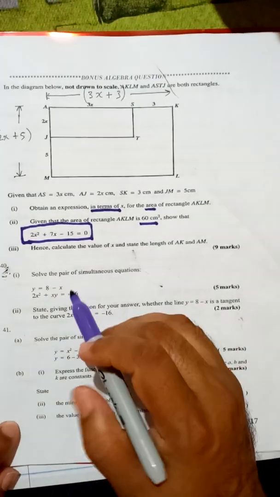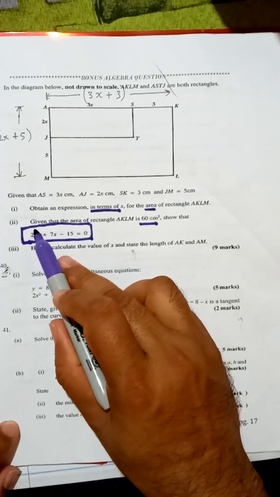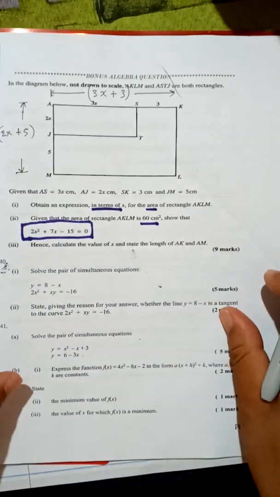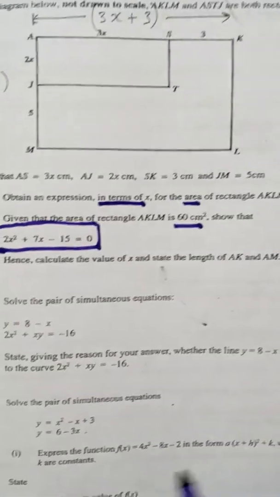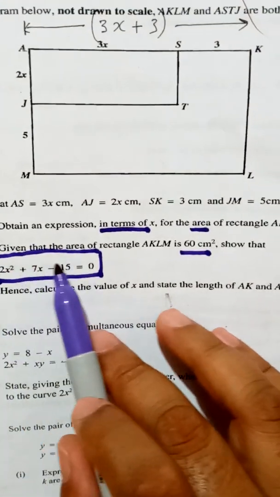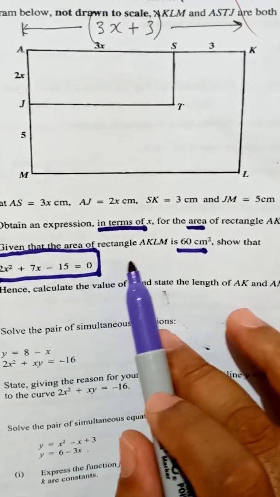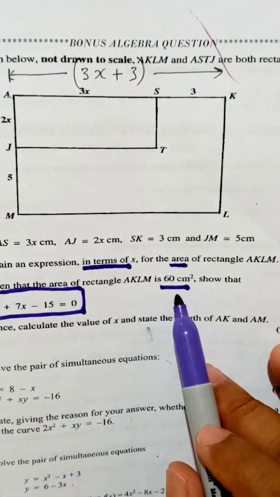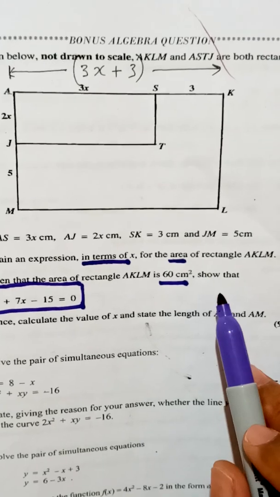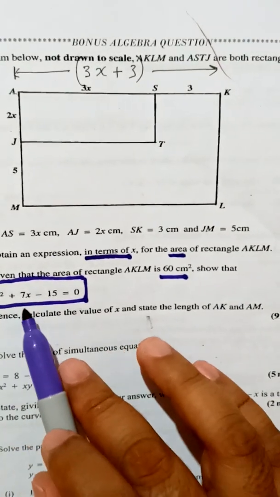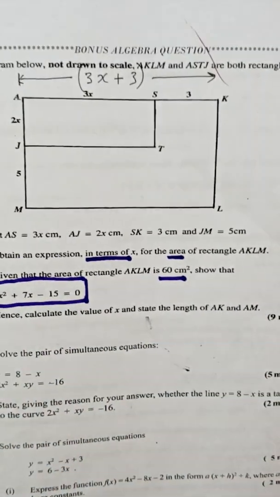Now part 2 says, given that the area of the rectangle AKLM is 60 centimeters squared, show that 2x squared plus 7x minus 15 equals 0.